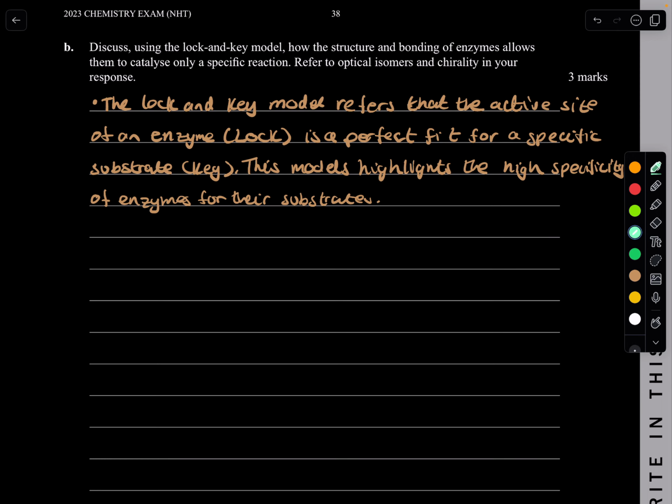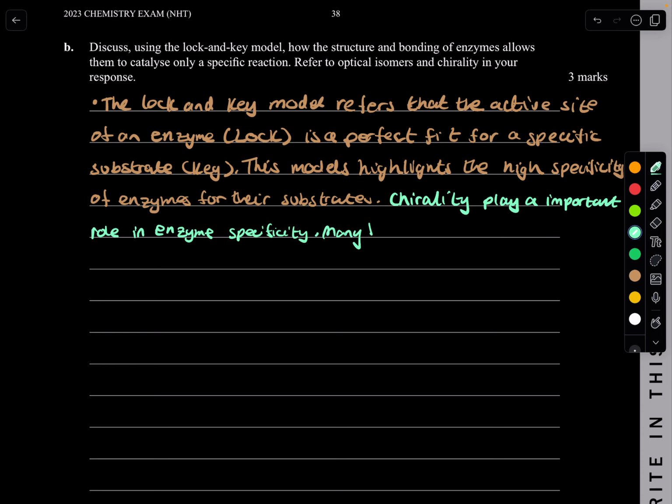So we're going to say: chirality plays an important role in enzyme specificity.